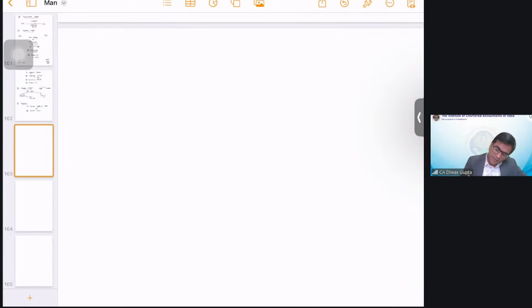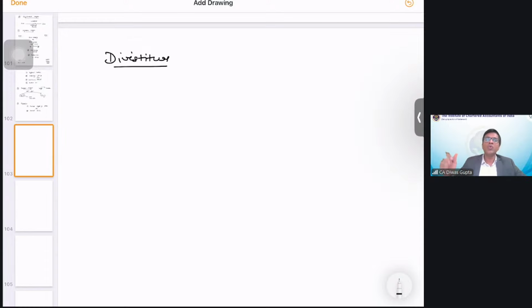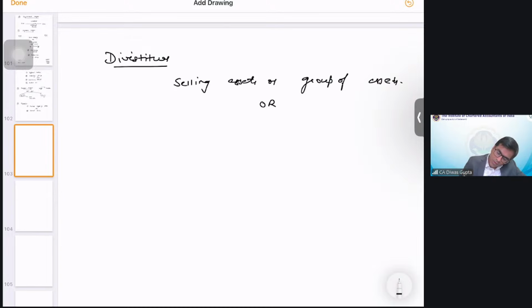This is called divestiture. Divestiture means where you bring down your stakes, which is, let's say, selling assets or a group of assets, or even a business unit.